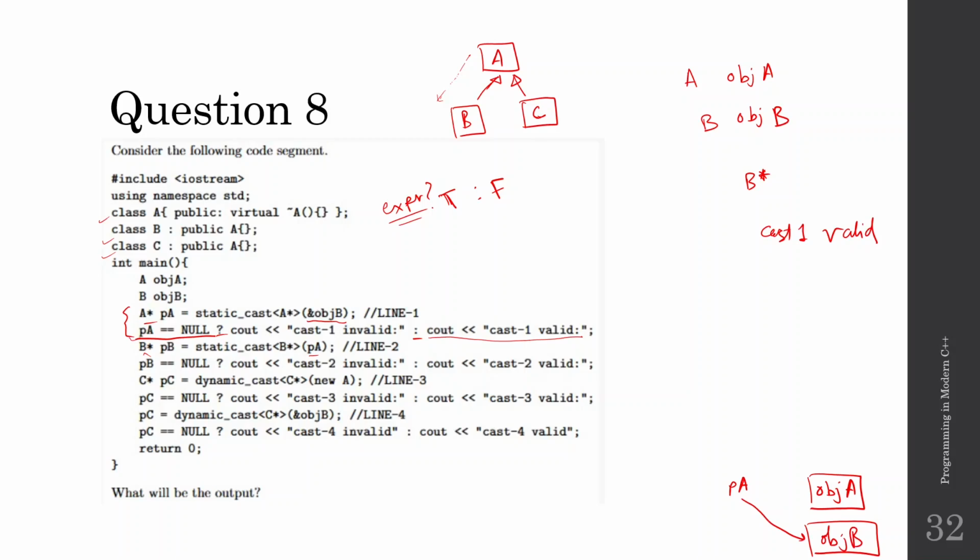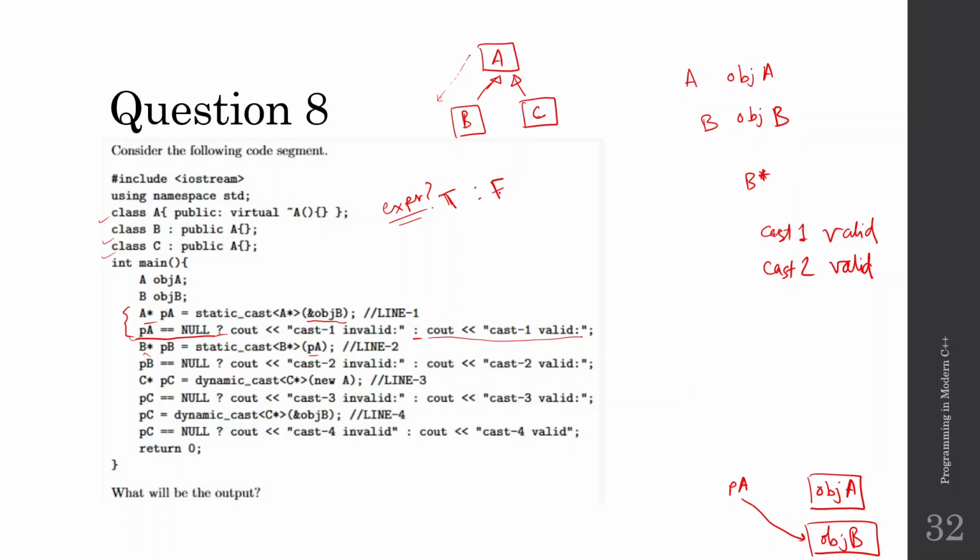Static cast allows us to typecast the pointers as long as the classes are related. Since these are related classes A and B, cast 2 will be valid.